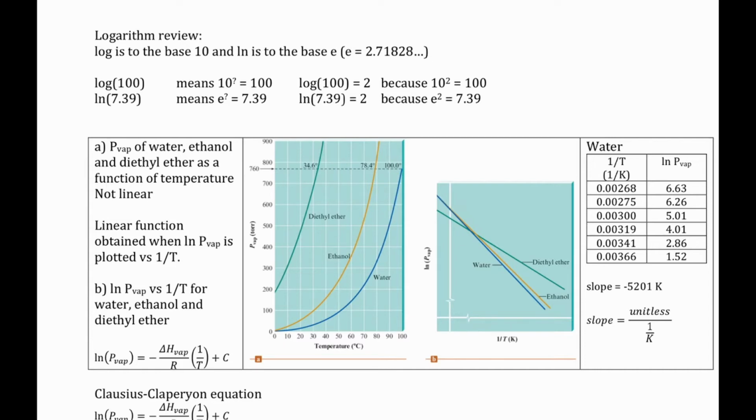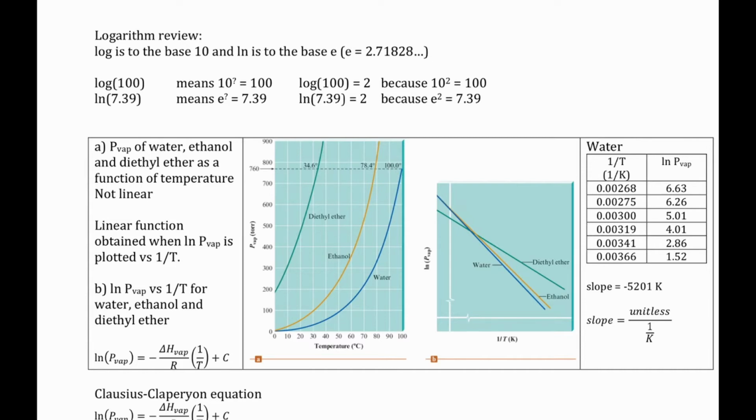The log of 100, that means what is the exponent on 10 that gives you 100? Well, the exponent on 10 is 2 to give 100. That means the log of 100 is 2. And you can get that in your calculator by typing log 100, enter, you get 2.